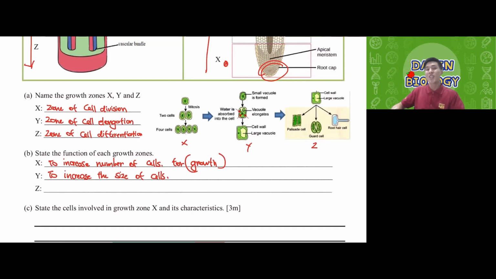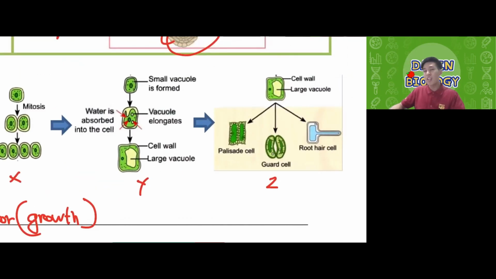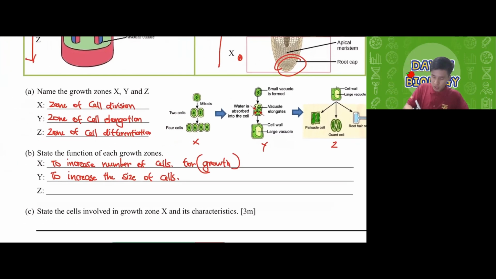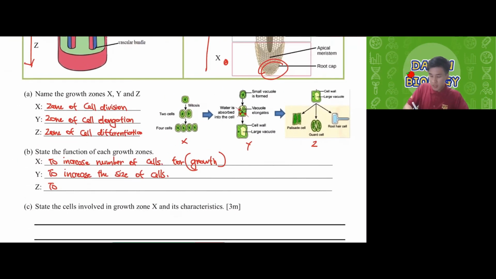Okay, Z. As you look at the diagram, they start to differentiate. They start to become cells with different functions already. Okay, so we write it like this. It's basically to differentiate into specialized cells with specific function.